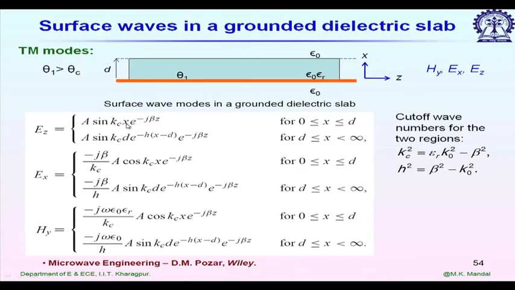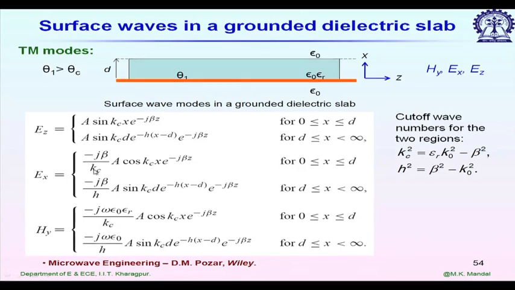At x equal to 0 it is 0, and then it increases, it becomes maximum at the dielectric air interface, and once in air you see it decreases exponentially. So, for x more than d it decreases exponentially.